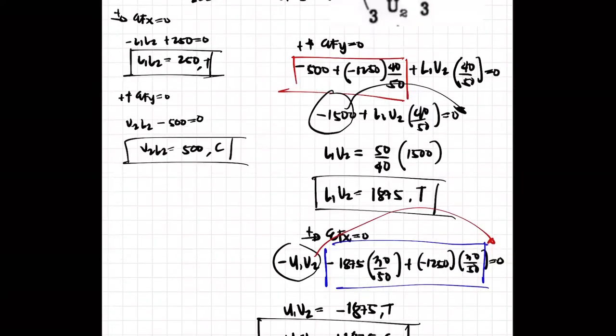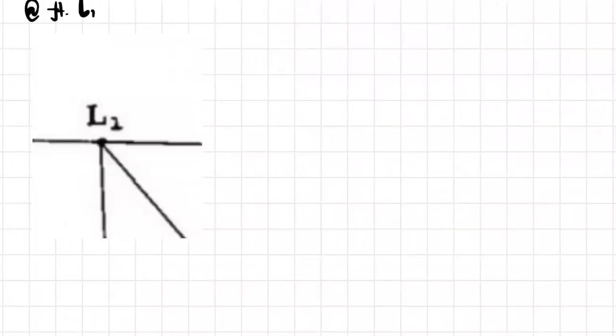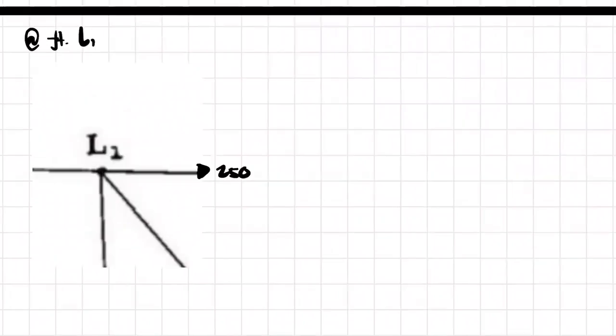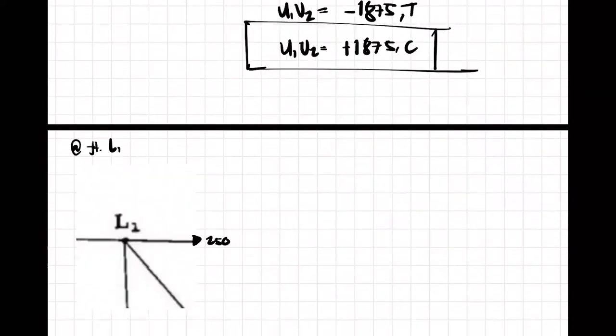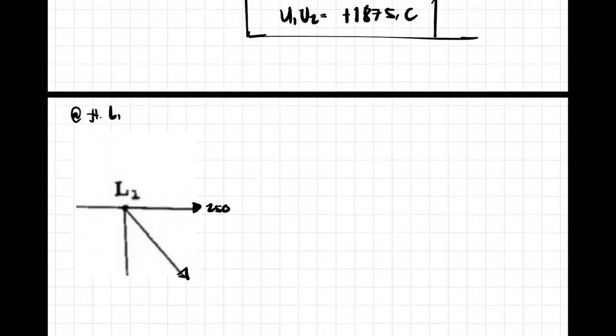L1, L2 is 250 tension. 250. And then L1 to U2. No, we have L1 to U2. 1875 tension. 1875. And this is 30, 40, 50.